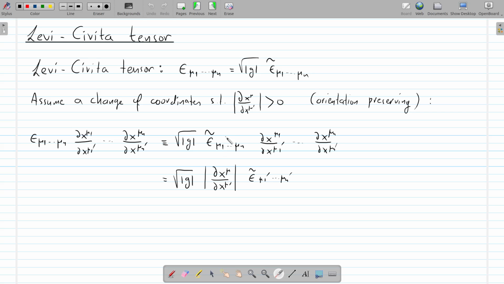But then we notice that those two terms here will give us the determinant of this matrix, that means the Jacobian of the transformation, times the Levi-Civita symbol with the primed indices here, mu 1 prime through mu n prime.